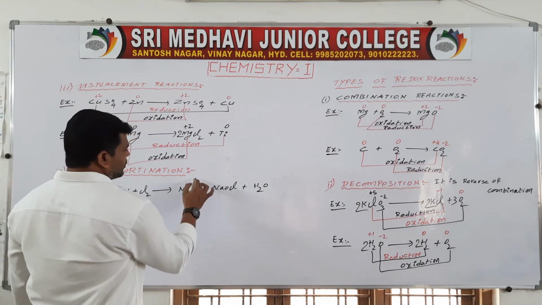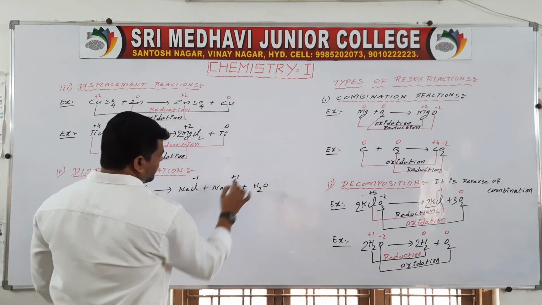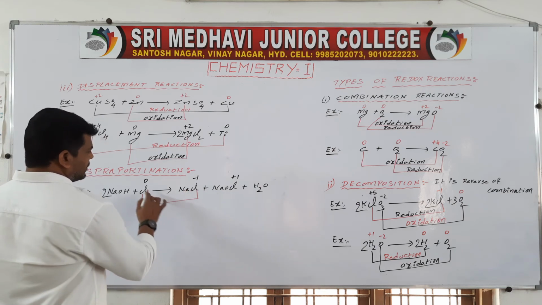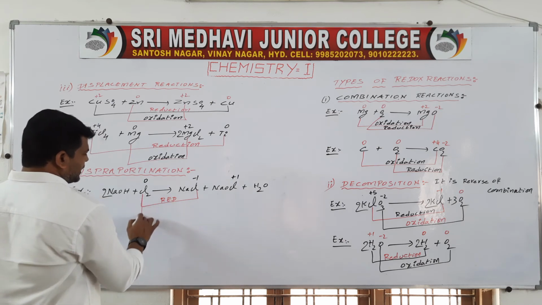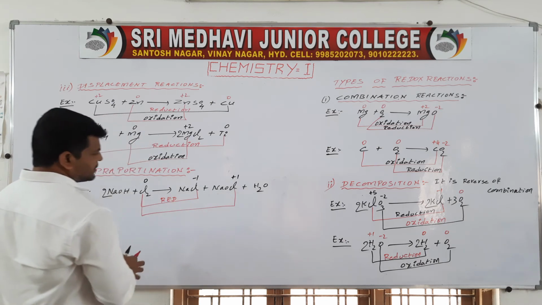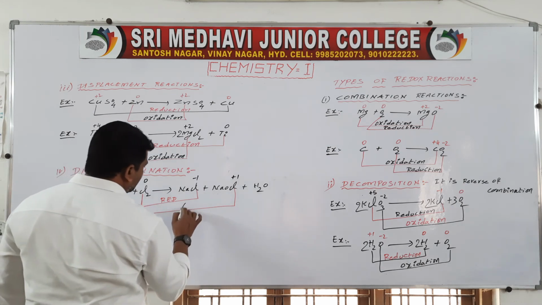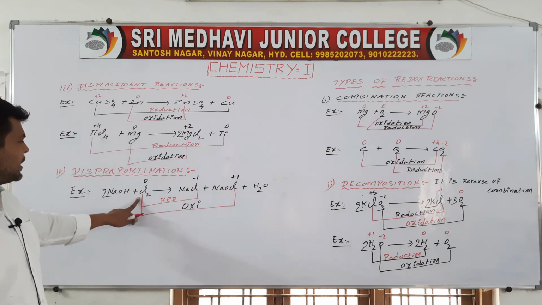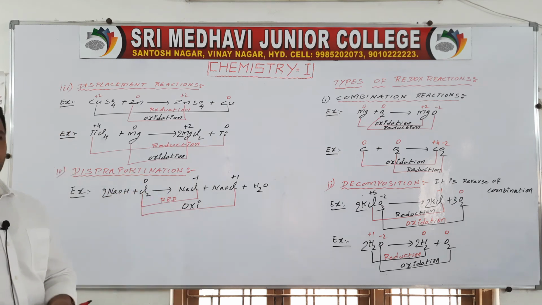See, here chlorine is 0, here minus 1, here plus 1. Chlorine 0 to minus 1, reduction; same, 0 to plus 1, oxidation. So only chlorine undergoes both oxidation and reduction reactions. It is a disproportionation reaction.